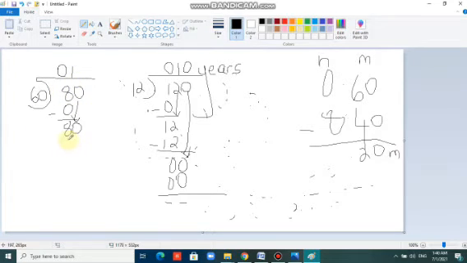Then 60 times 1 is 60. We put our minus sign again, and 80 minus 60 is 20. Now, 60 can't go into 20, right?